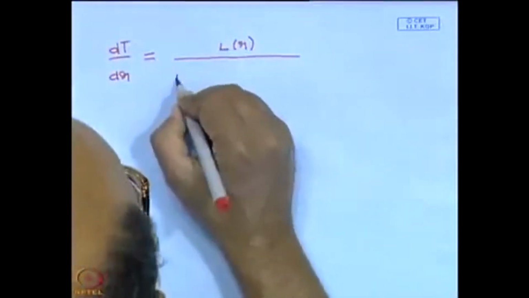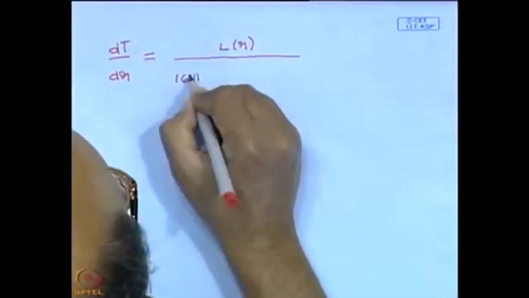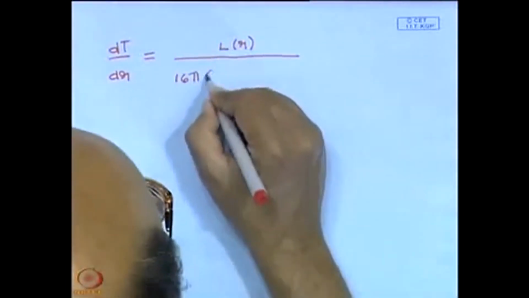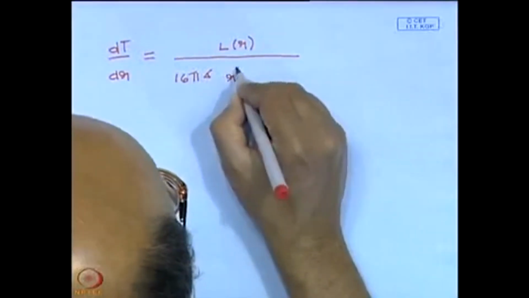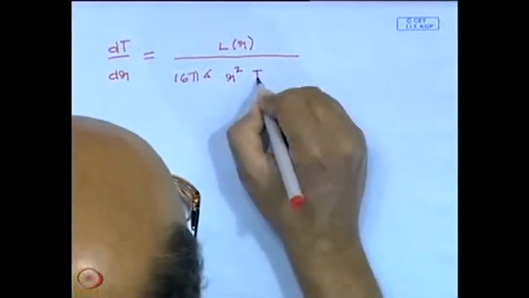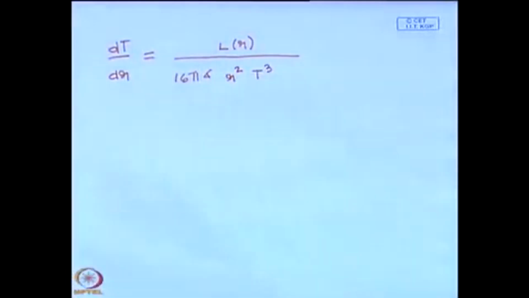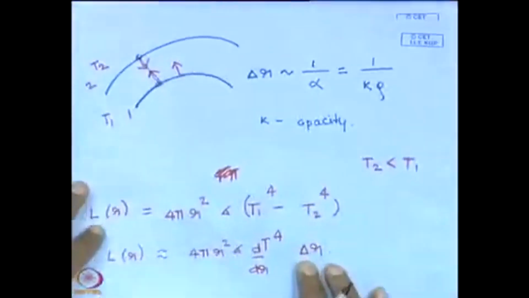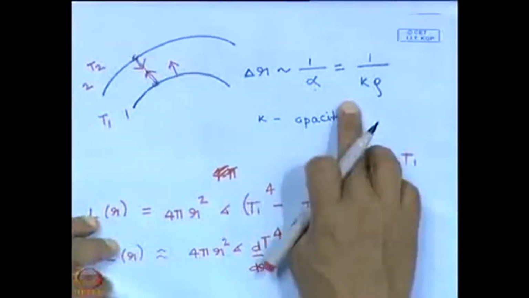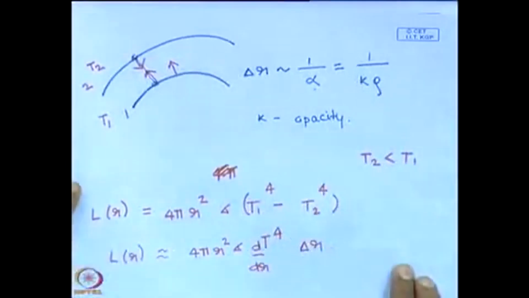So let me write it like this: 16 pi sigma r square T cube, and then I have 1 by delta r, and delta r we know is the mean free path, which is 1 by kappa rho. Okay.